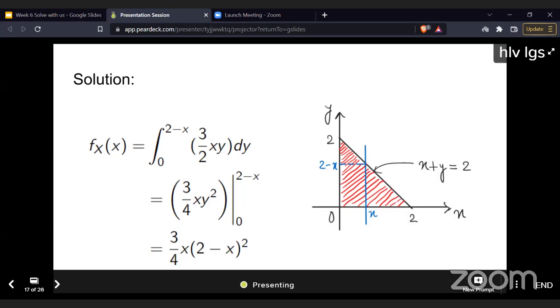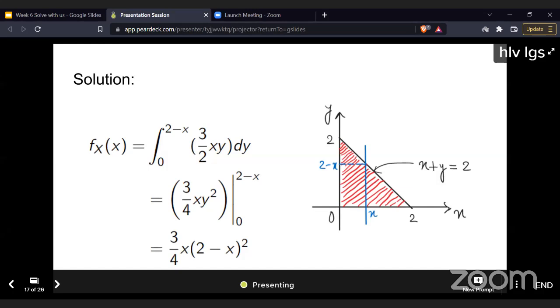Okay, so I have put the limit of y to be 0 to 2 minus x, and since you have to integrate with respect to y, you will treat x as a constant. This integral will become 3/2 x times y squared by 2, so 3/4 x y squared.